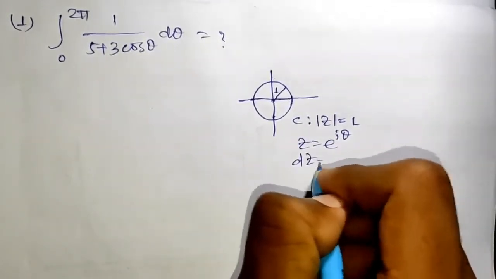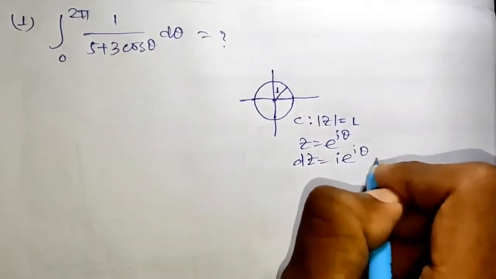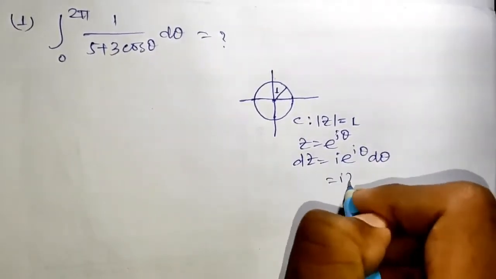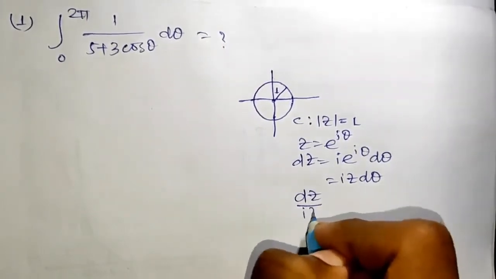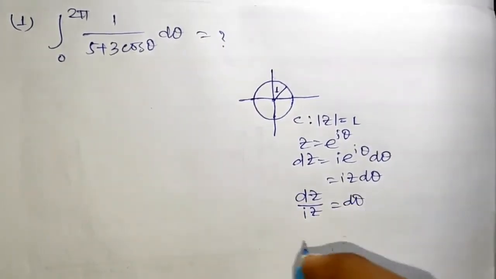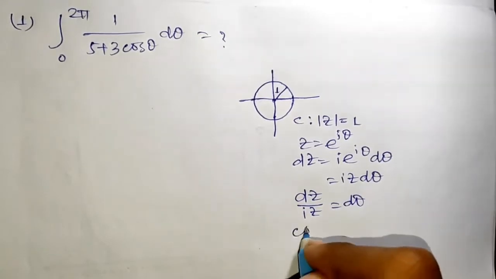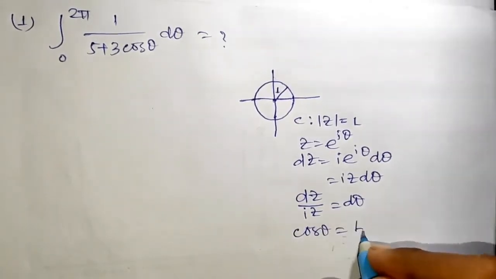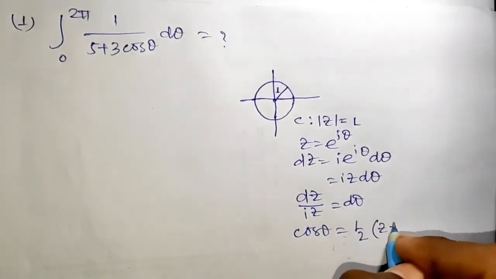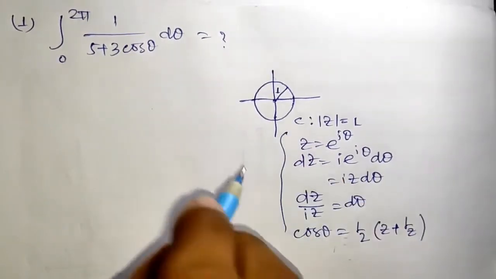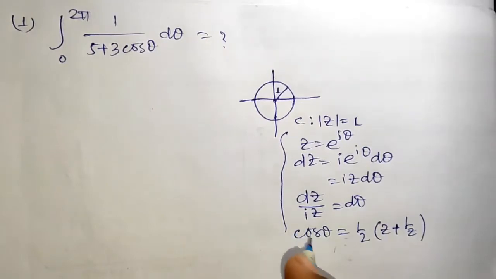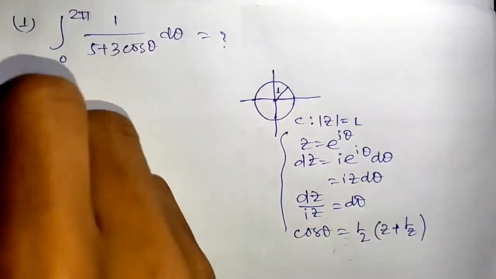So dz is i e to the power iθ dθ, that is iz dθ, and dz by iz is dθ, and cos θ is this thing we saw previously. Now put all these things in this integration.